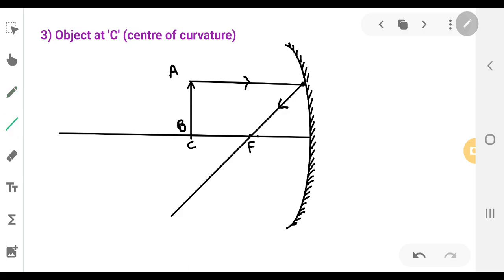The second ray we are considering is passing through the principal focus. After reflection it becomes parallel to the principal axis.